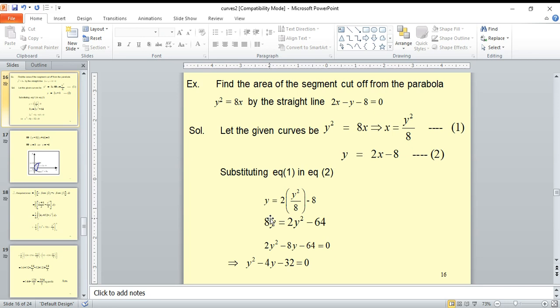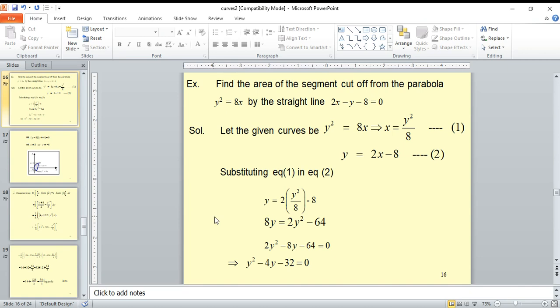Multiply by 8, cross multiply: 8y equal to 2y square minus 8 into 8, which is 64. 2y square minus 64 minus 8y equal to 0.